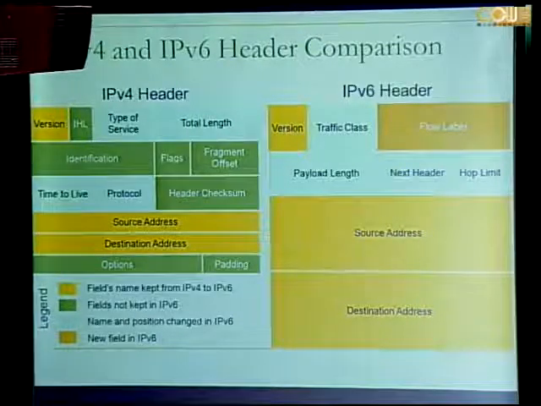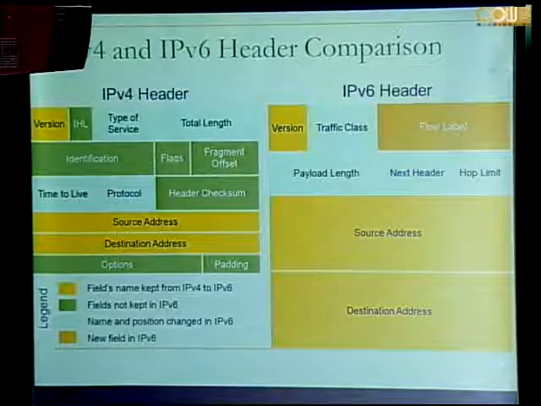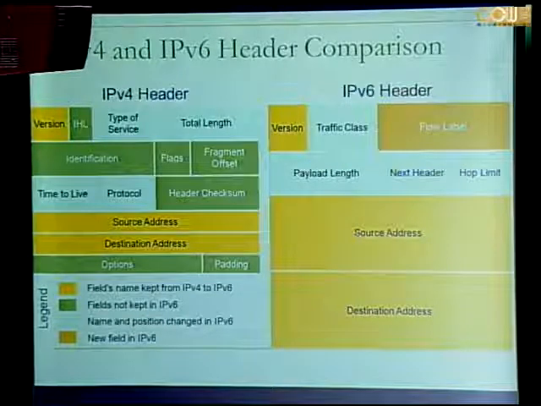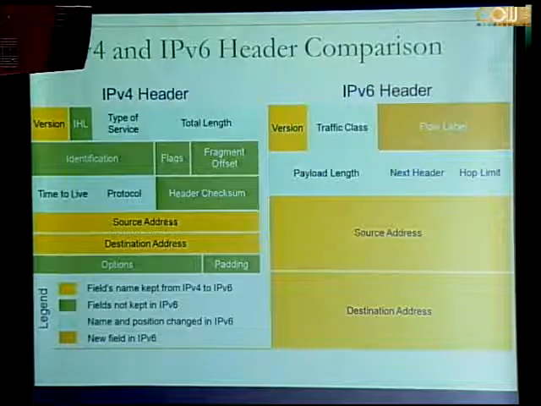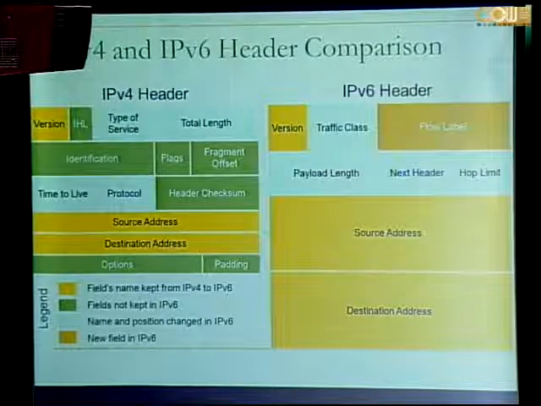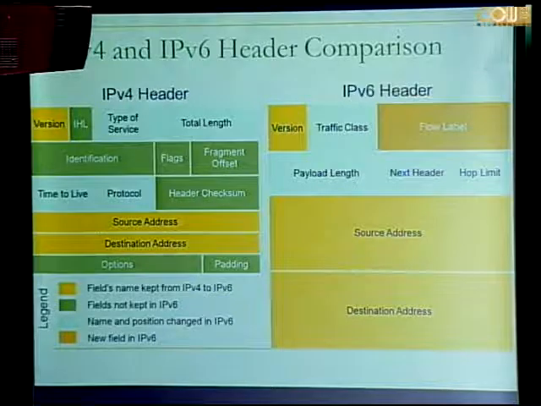And the only field that has been added in IPv6 will be the flow label, which is the identifier to uniquely identify a flow instead of a packet. For example, on the left-hand side, you see identification, which is used to identify the packet, not a flow. But here, flow label is to identify a flow.